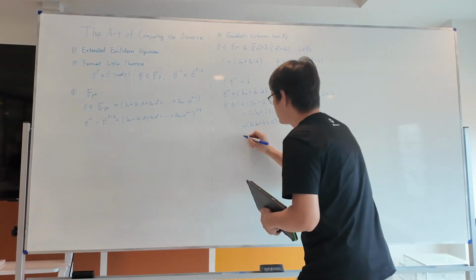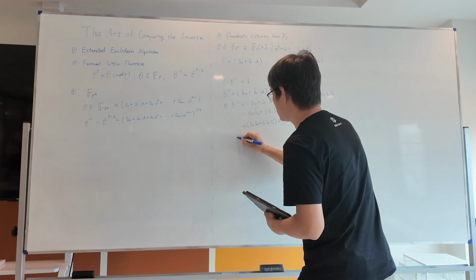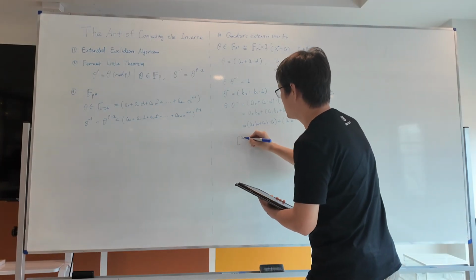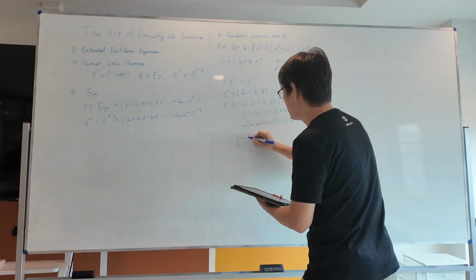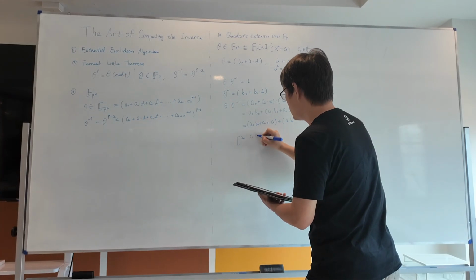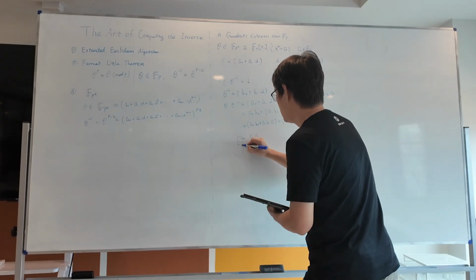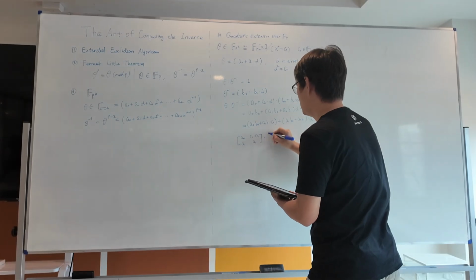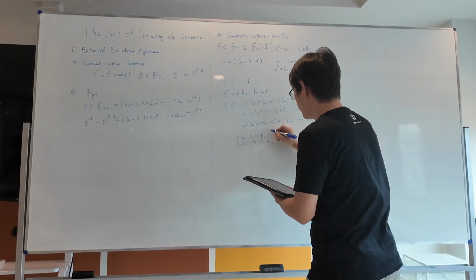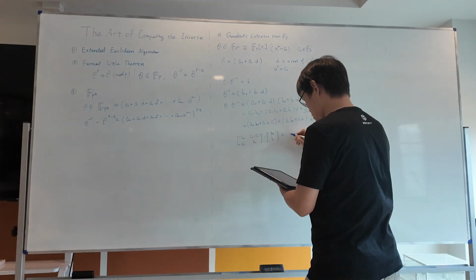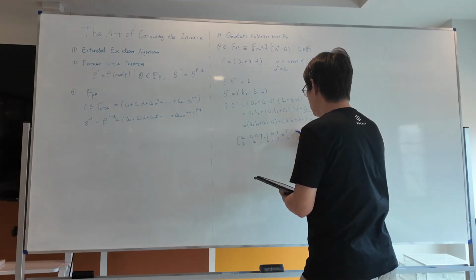We can rewrite it as a matrix vector multiplication so that it will be clearer: the matrix with rows a0, c0 a1 and a1, a0, times the vector b0, b1, equals the vector 1, 0.